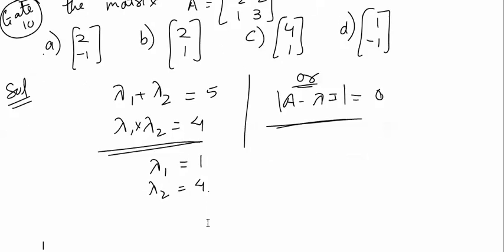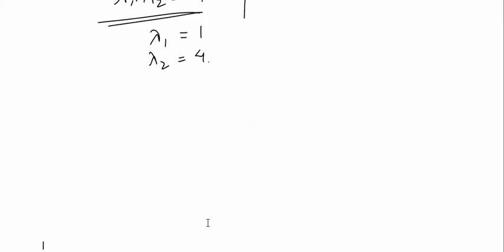Now we want the eigenvectors, and we have to check which of the following gives the eigenvector. Let us first check corresponding to lambda 1, that is 1.